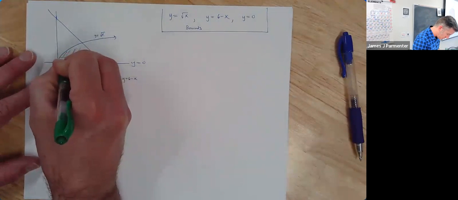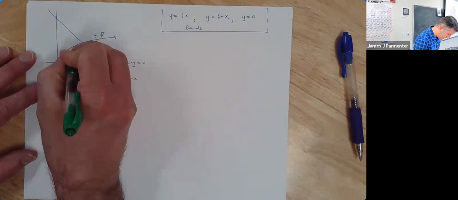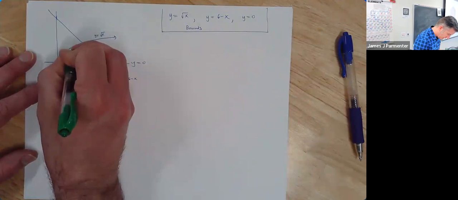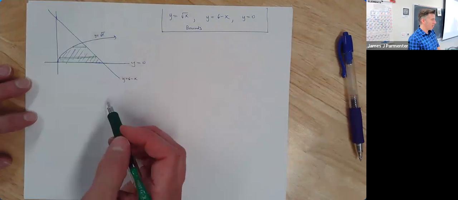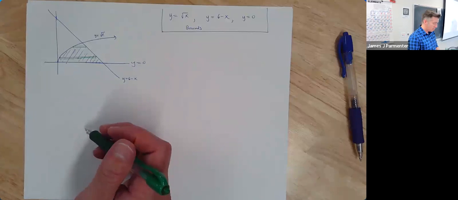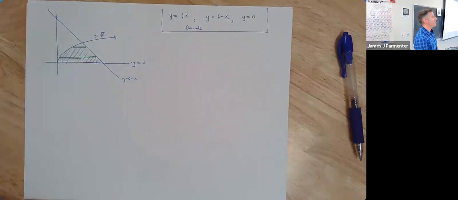If I draw a horizontal strip, no matter where I place it in this region, the left boundary is always y equals root x. The right boundary is always y equals 6 minus x.